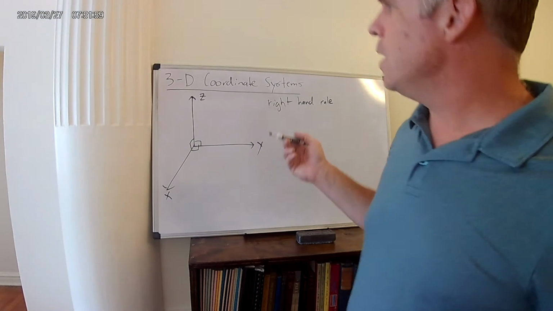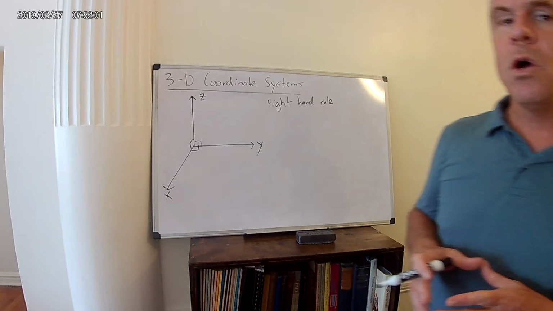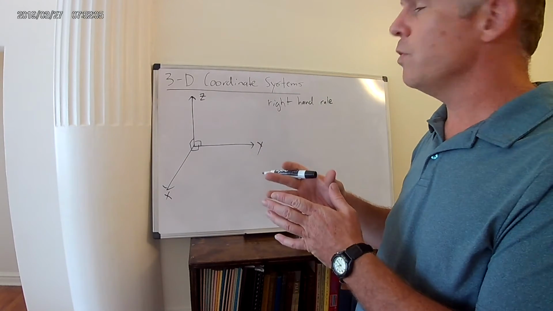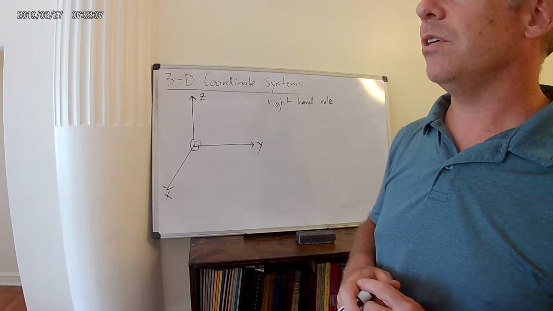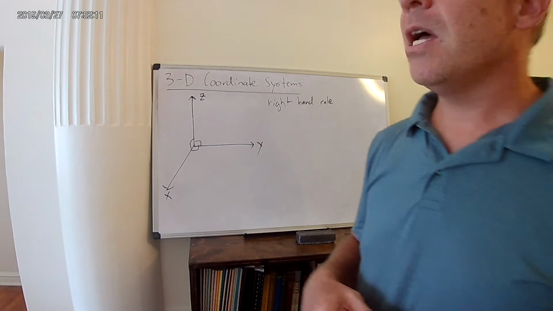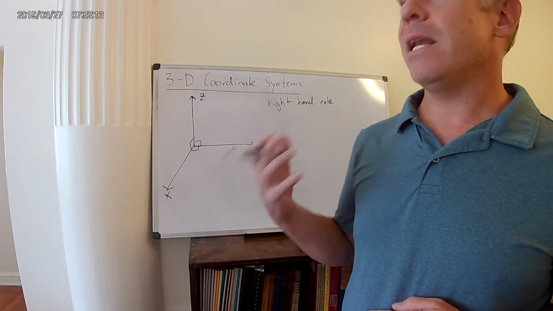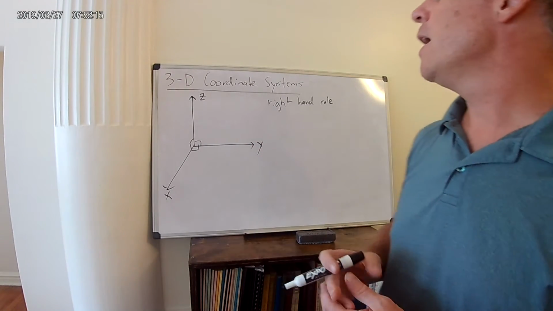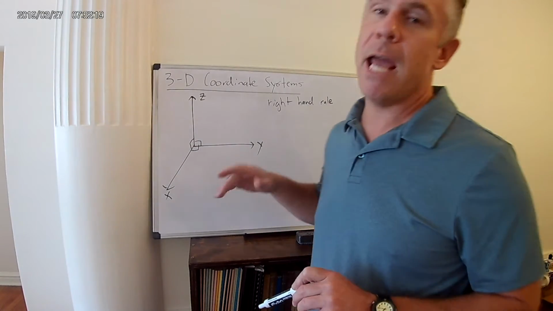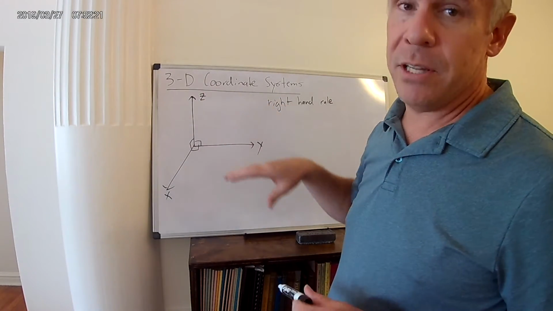Now, in two-dimensional graphs, we had four quadrants, okay, and those quadrants were dictated by the x and y axes. You had the quadrant where you have positive y, positive x. There's another quadrant for positive y, negative x, and so on. Okay. In a three-dimensional coordinate system, we actually have 8 sections or octants here.